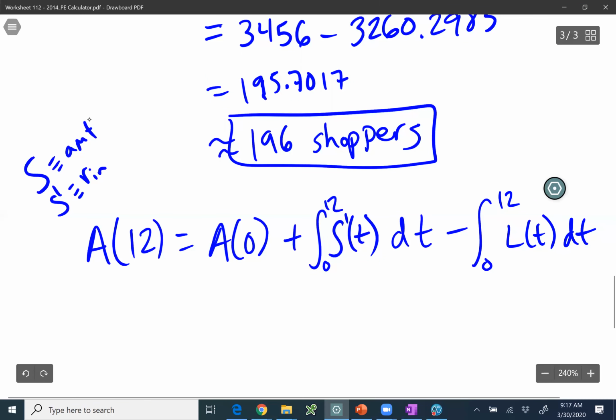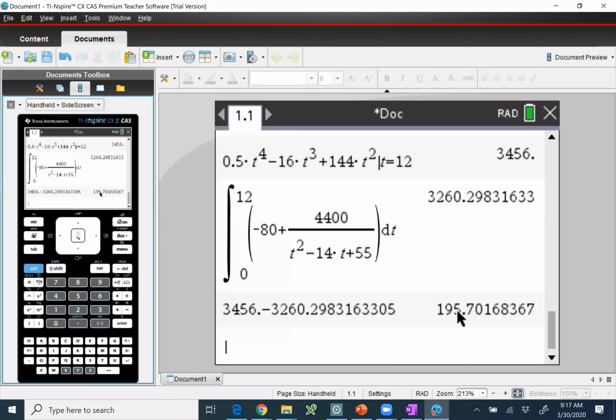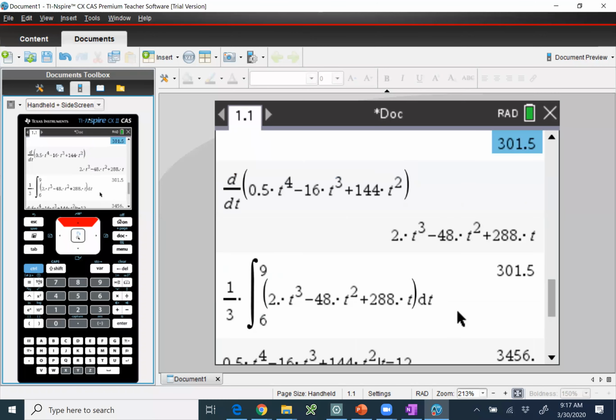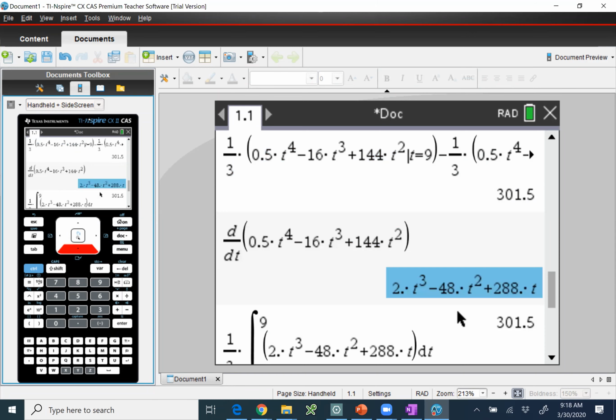Without boring you guys and typing it all in, essentially this is 0. This is still 3260.2983. We already did that on our calculator. We don't need to retype it. Back up here, we had already taken the derivative, and so this here is S prime.